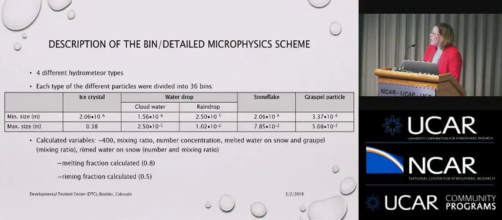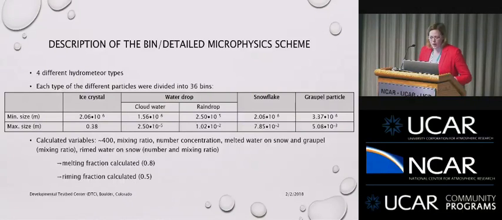In our scheme, 4 different types of hydrometeors were divided into 36 bins. These are the pristine ice crystals, the water drops, which at the end we can separate into cloud water and raindrops, snowflakes and graupel particles. The number of calculated variables is over 400.